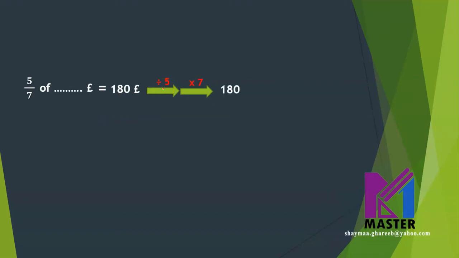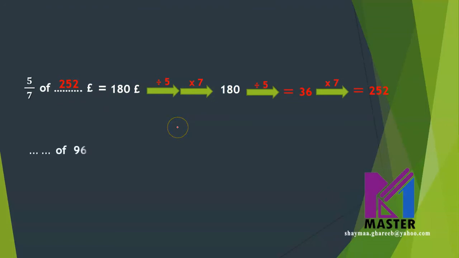Let's do it. 180 divided by 5 equals 36. Then I will multiply the 36 by 7, which is 252 pounds. So the missing amount here, or the total amount here, is 252. So 5/7 of 252 equals 180 pounds.